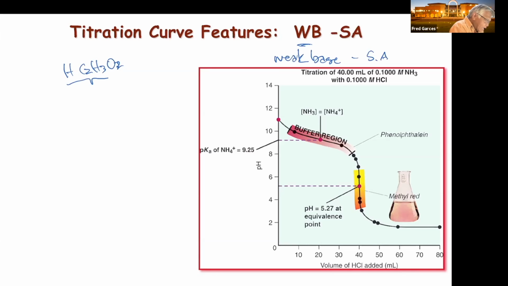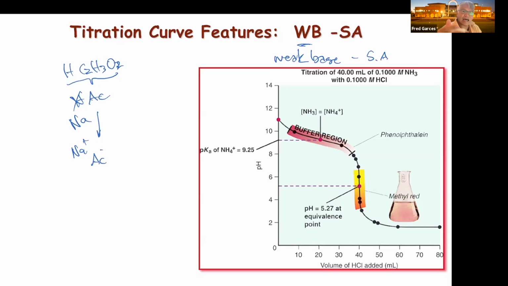I'm just going to abbreviate this HAc. That's a weak acid. But suppose I want to titrate the base of that. How would I introduce that in solution? I would replace the hydrogen with a metal. When that dissolves, it'll produce sodium, which is a spectator, and the acetate ion.